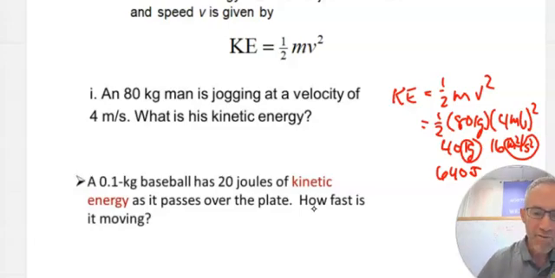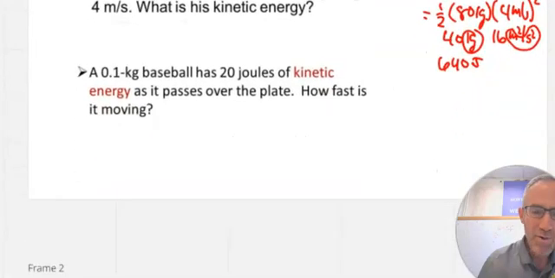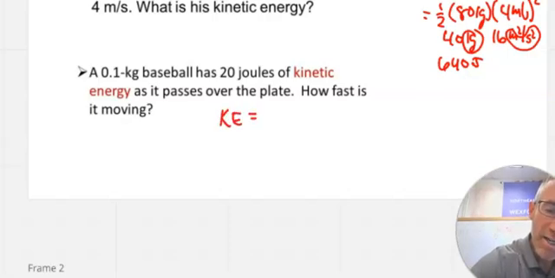Now, for the baseball, I'll do something similar. The baseball has that kinetic energy of 20. So kinetic energy is 1/2 the mass times the velocity squared. Let's solve for velocity.